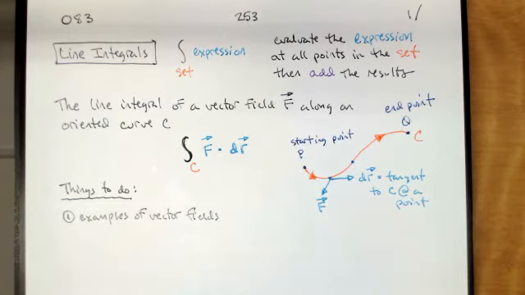That'll help us build some context. With scalar functions, we can always just use length, area, volume, those kinds of things. So we're going to need some examples of vector fields.